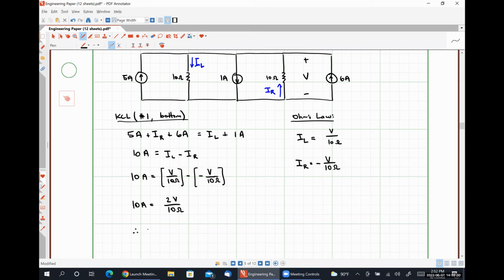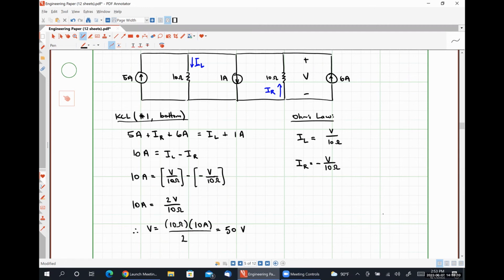And from this, V is equal to 10 ohms times 10 amps over 2, or 50 volts. All right.